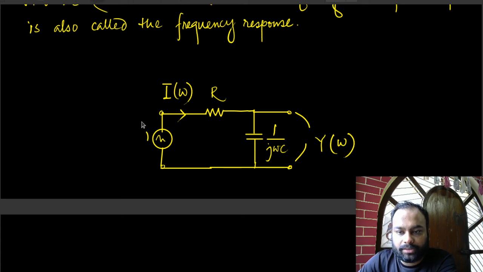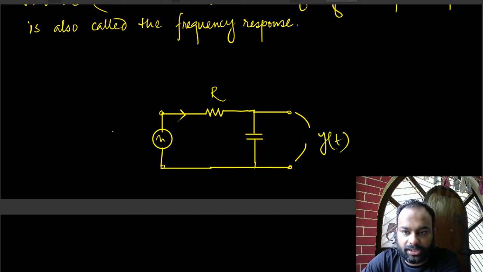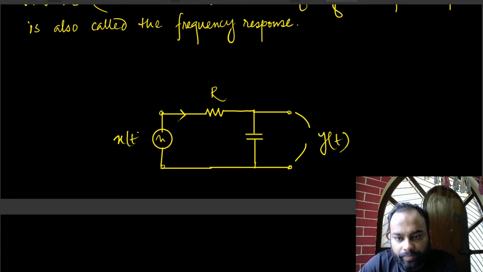Let's consider this again. This is the output. Output is the voltage across this, and the input voltage was x(t).